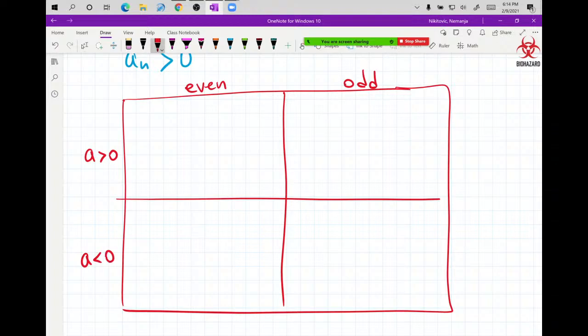So what you see here are 4 combinations. The only 4 combinations that you can have. You can't have more than these 4.